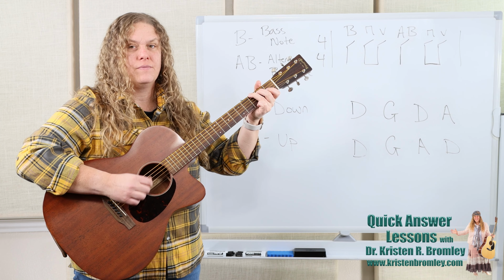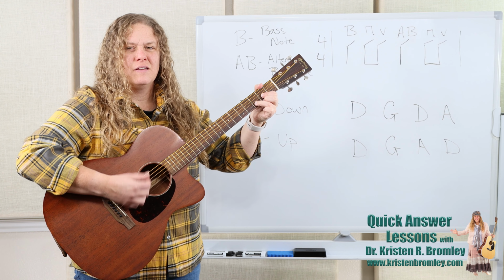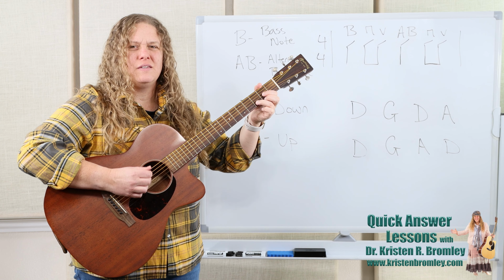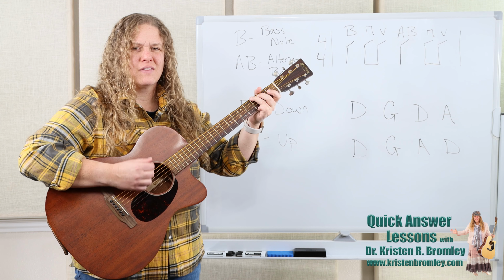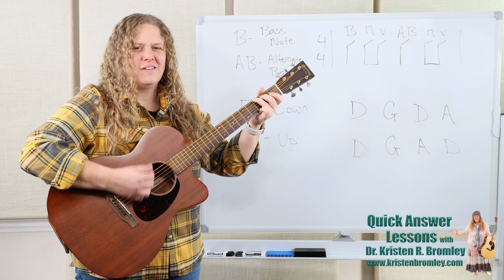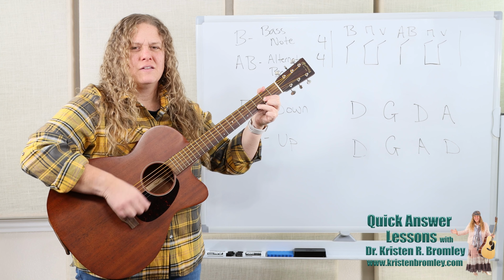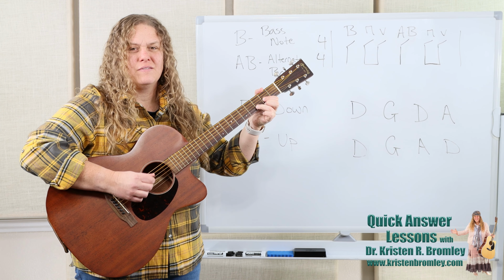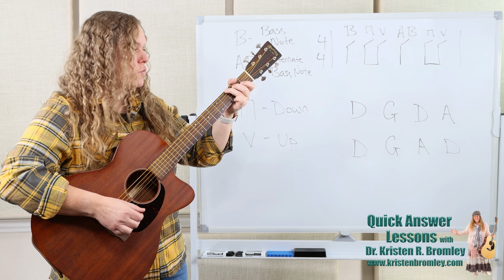So we'd have G to the D, back to G, to the D, then to G, to the D, back to G, to the D, to the G, to the D, the G. So they both work great.